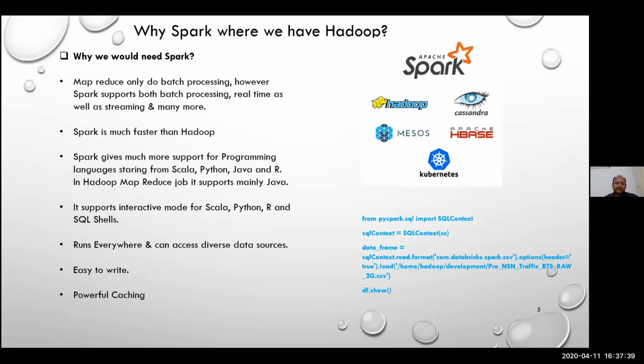In Hadoop MapReduce jobs, as I said, it only supports Java. And in Spark, one interesting thing is that we can do interactive programming using Scala, Python, R, and a SQL shell. Interactive mode is not supported for Java.